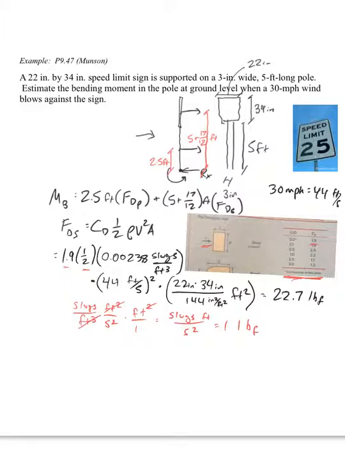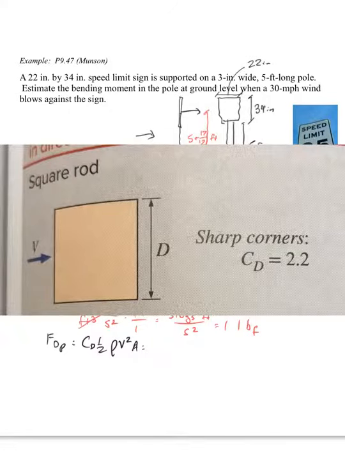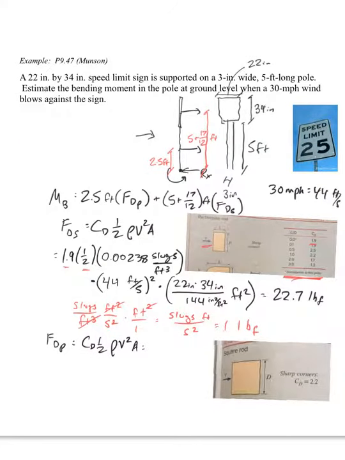And then I just need to do it for the pole as well. FDP equals CD 1/2 rho V squared A. I need my drag coefficient for the pole, so I'm going to bring that in here just a second. Here it is. Same table, my velocity hitting my square rod with sharp corners, I'm going to assume.